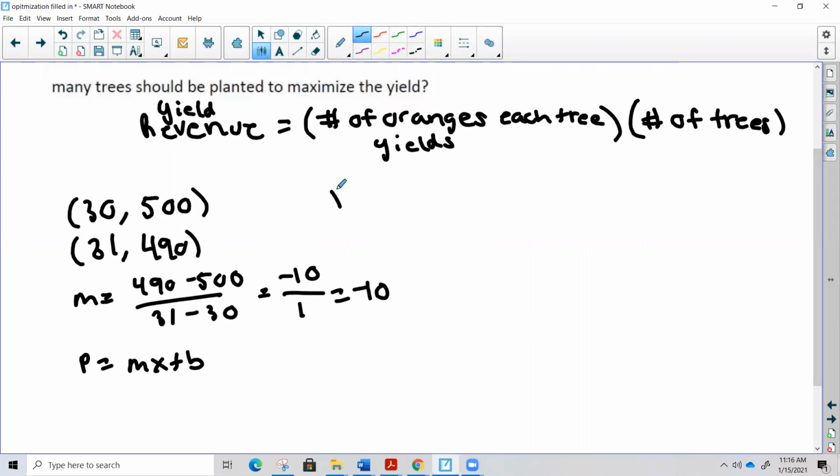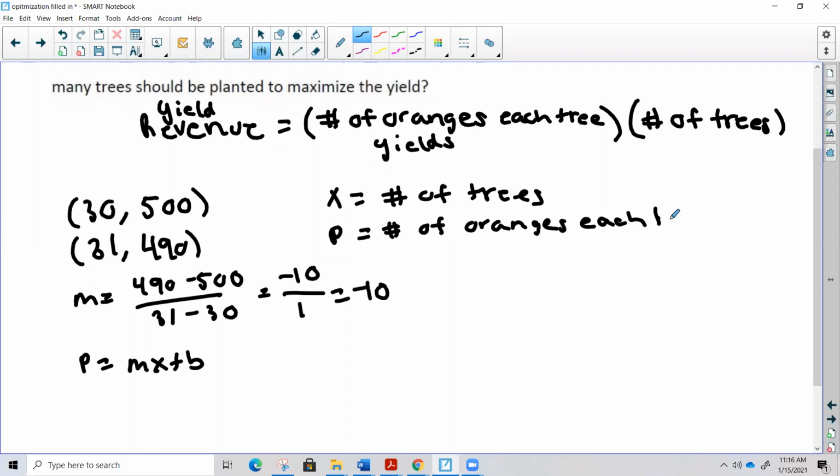Let me just define my variable. So x is going to be the number of trees, and P in this case is going to be the number of oranges that each tree yields or produces. So we found our slope to be negative 10.